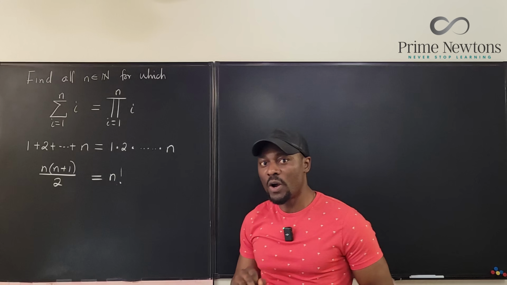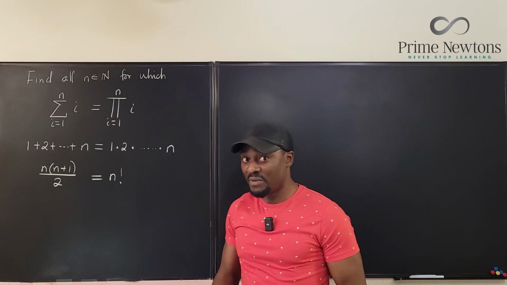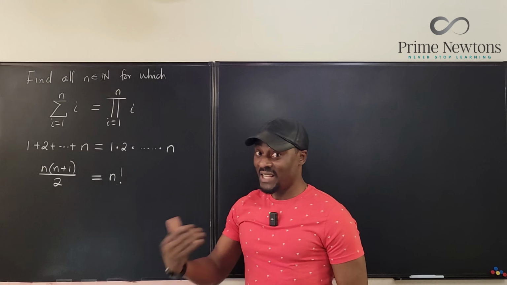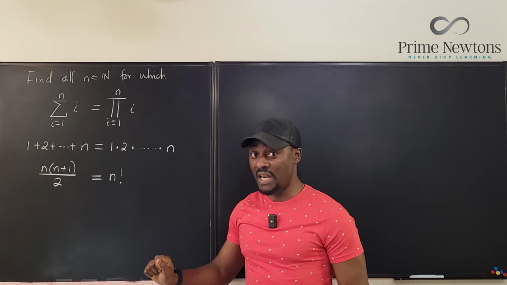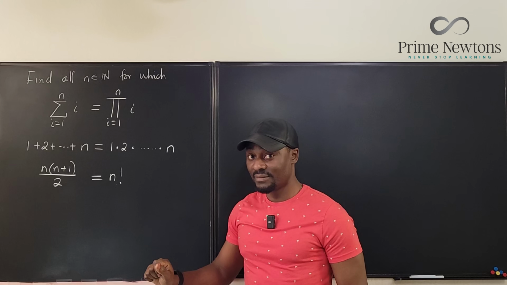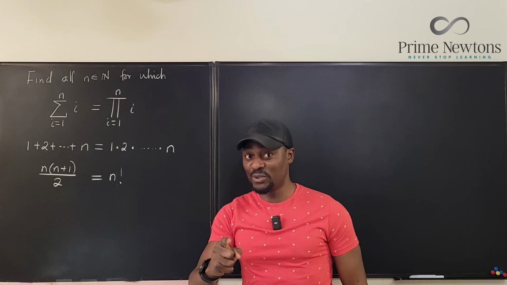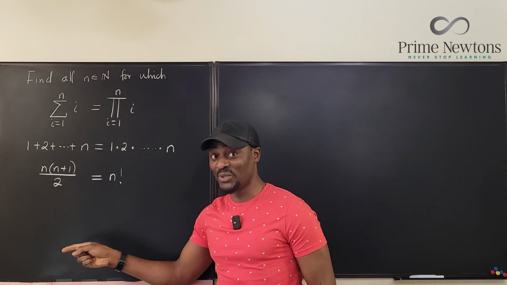Okay, now what are the possible values of n? Well, it is easy to start from n equals 1. My claim is, if you start from n equals 1, it is true when n equals 1. It is not true when n equals 2. And it is true again for n equals 3.